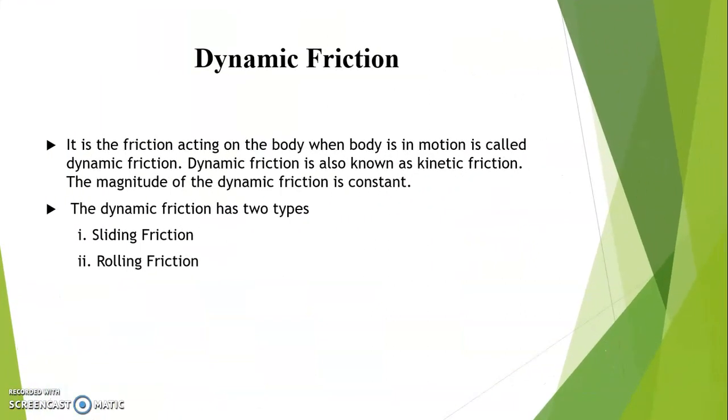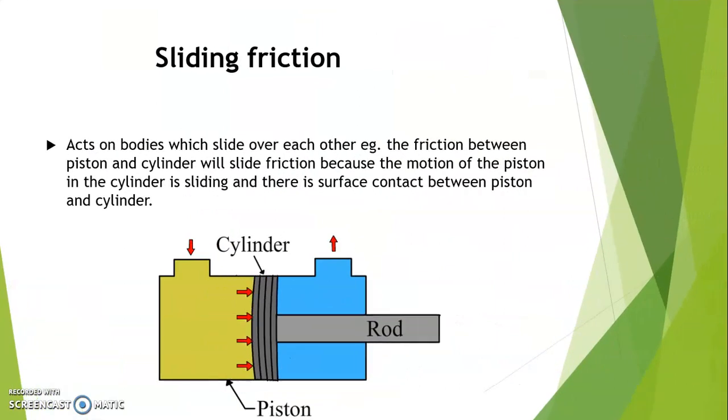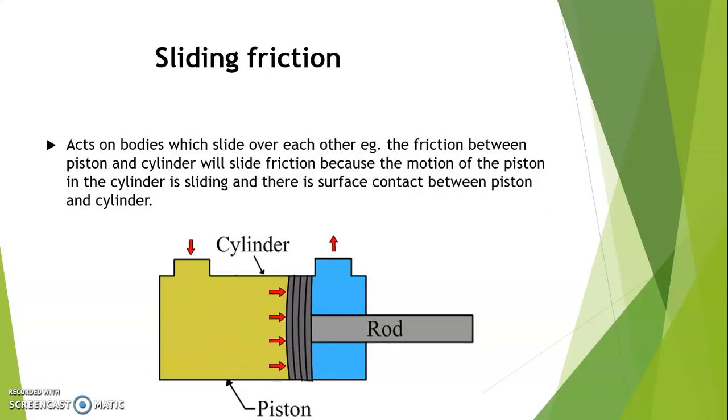So under dynamic friction, you can categorize it into two types: one of them being sliding friction and the other rolling friction. The next diagram indicates an example of sliding friction, whereby you're given a piston and a cylinder, and the piston rod is moving inside the cylinder.